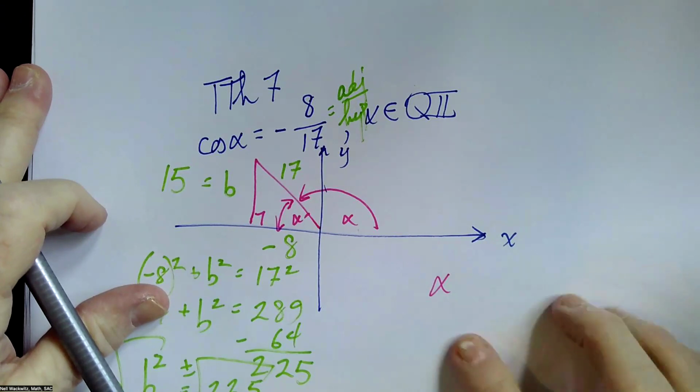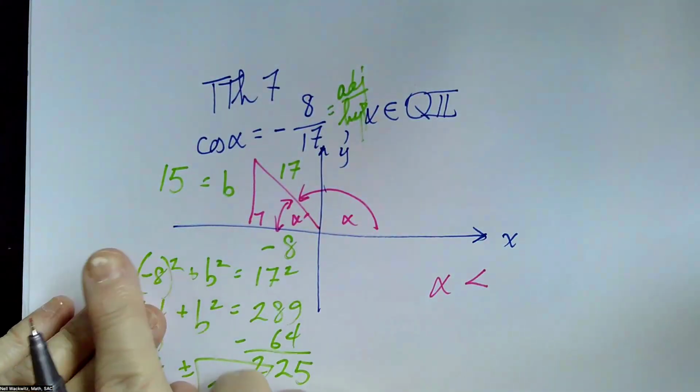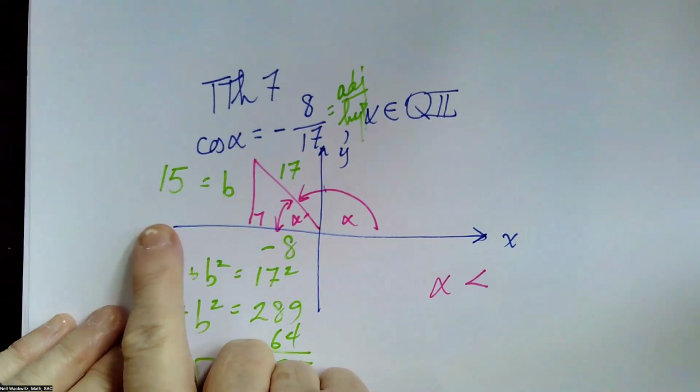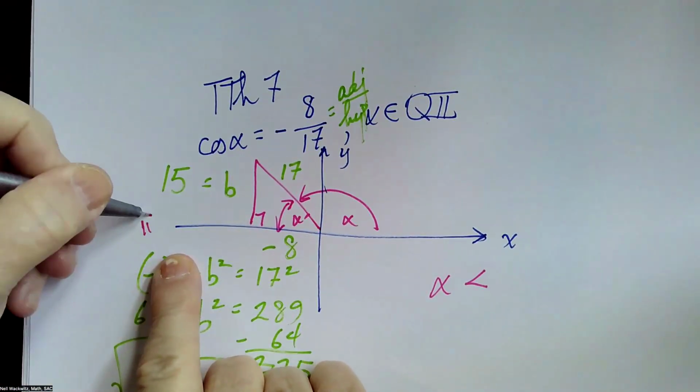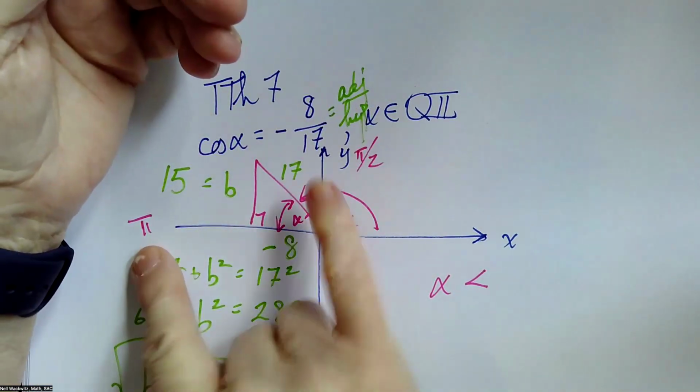That means that alpha is between pi over 2 and pi. Is that right?